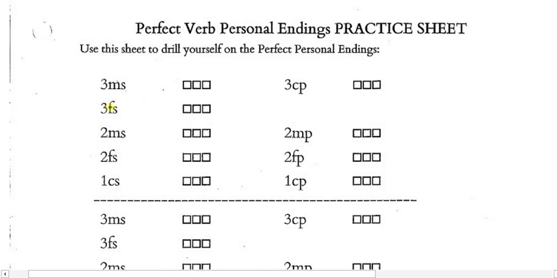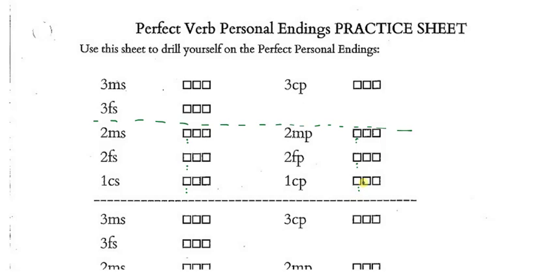You start by mentally drawing a line between all the third-person forms and everything else. What's going to be true here? Every single one of these has what kind of a shava under root 3? Yep. Every single one. So that's just automatic.